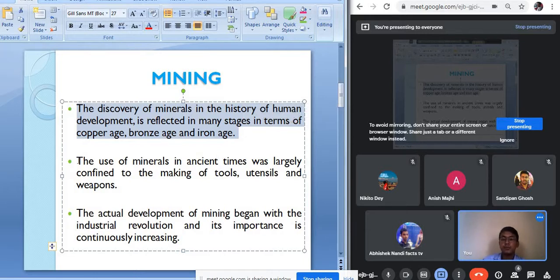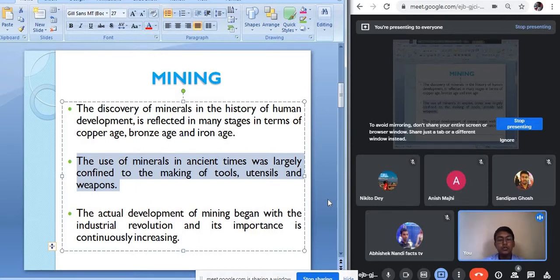So the use of minerals in ancient times was largely confined to making tools, utensils and weapons. In the earlier period of human history, these minerals, that is copper, bronze, iron and all, were mainly used for making different kinds of tools, different types of utensils and different types of weapons.